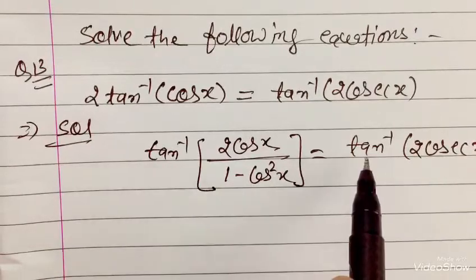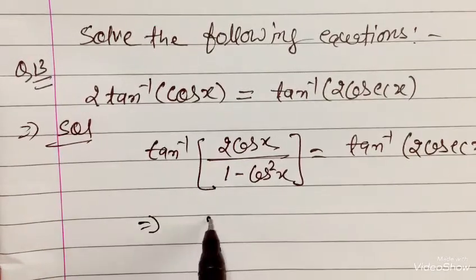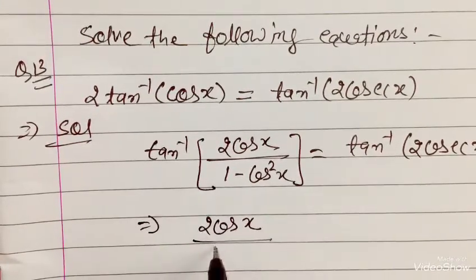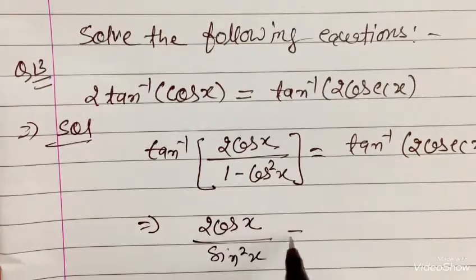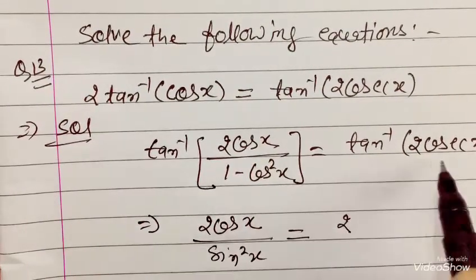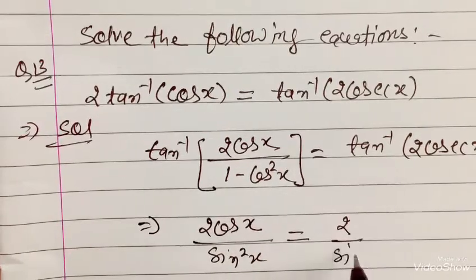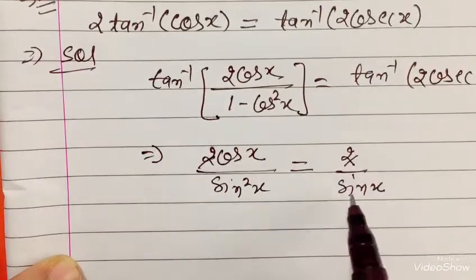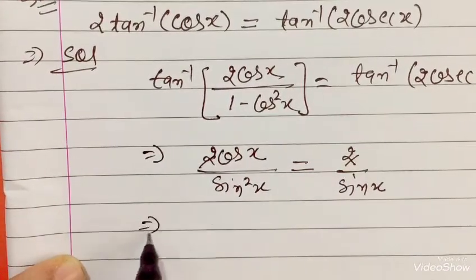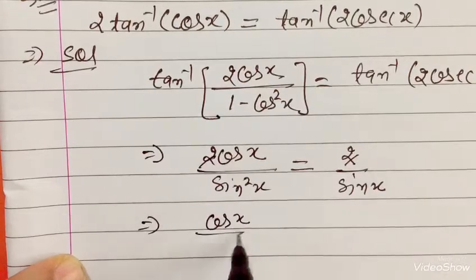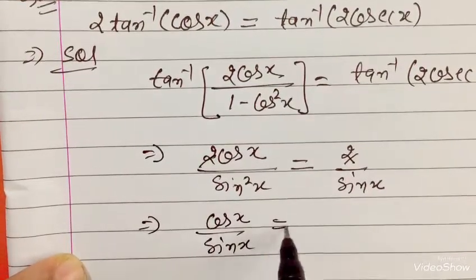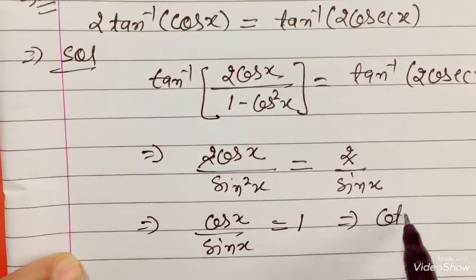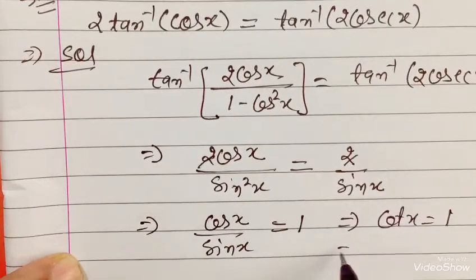Now tan inverse will cancel, students, and we will get only 2 cos x over 1 minus cos square x, which is sin square x, equal to 2 cosec x, which is 2 by sin x. Now 2 will cancel and one sin x will also cancel, so we will get cos x by sin x is equal to 1, or we can say that cot x is equal to 1.